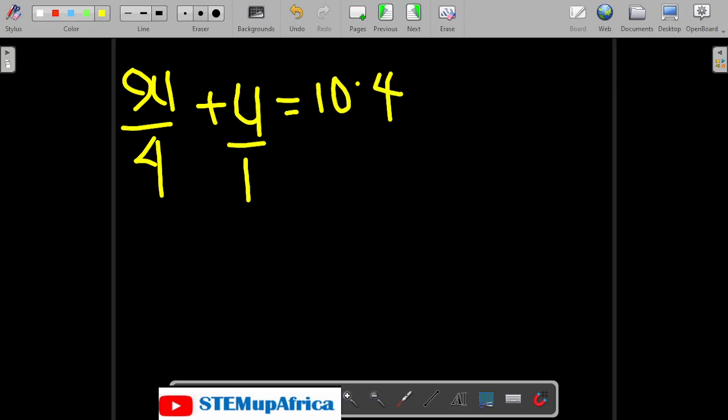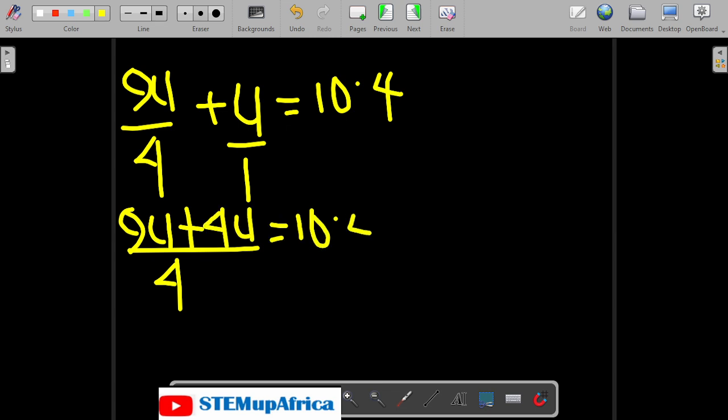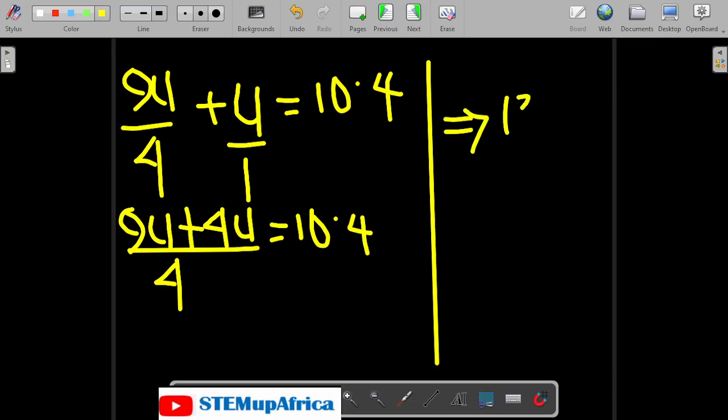I can take LCM. My LCM will be 4. 4 into 4 is 1, 1 times 9U will give us 9U, plus 4 into 1 is 4 times U will give us 4U, equals to 10.4. So this implies 9U plus 4U will give us 13U, it's equals to 10.4 times 4.